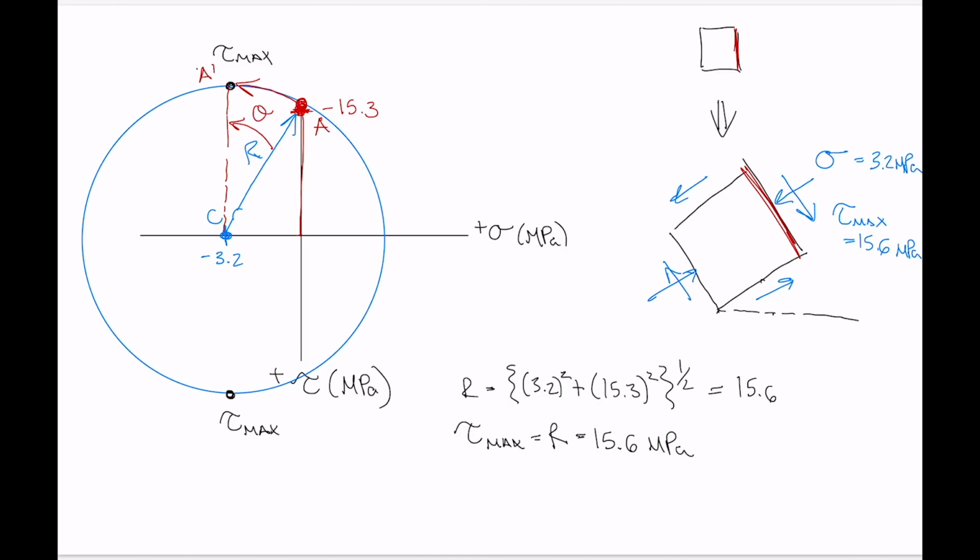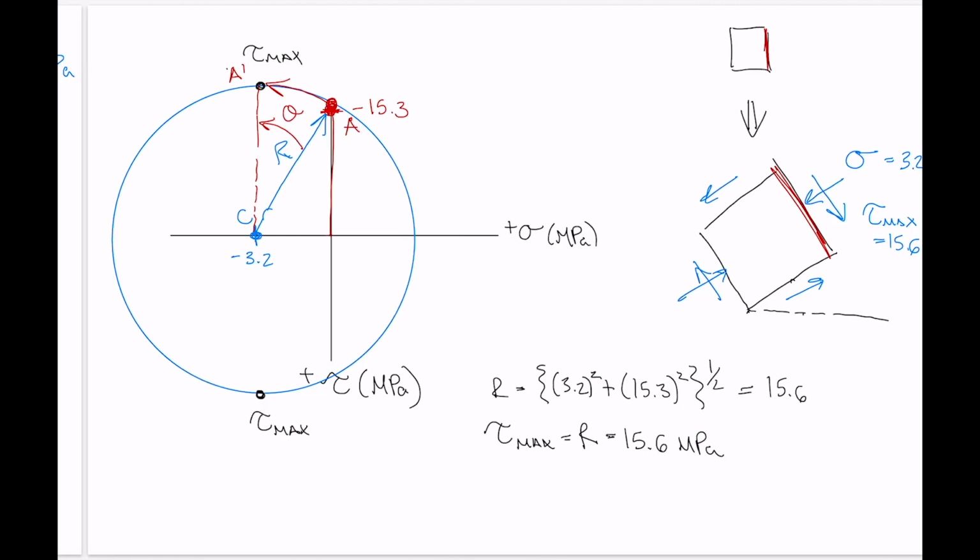Now, we don't indicate the negative 3.2 because, remember, indicating a negative value for a stress indicates that your vector that's representing that stress is in the wrong direction or should be reversed. So the fact that we have a minus 3.2 on Mohr's circle is consistent with having a stress shown as a compressive stress on our actual element.